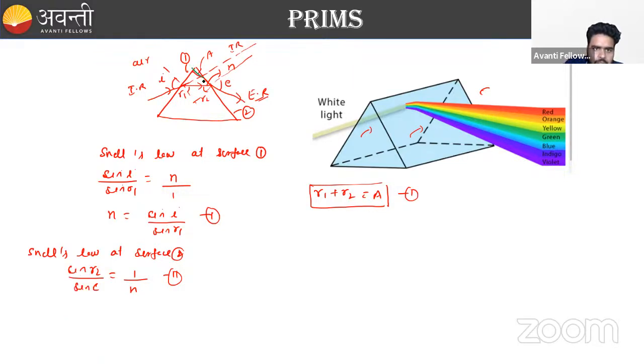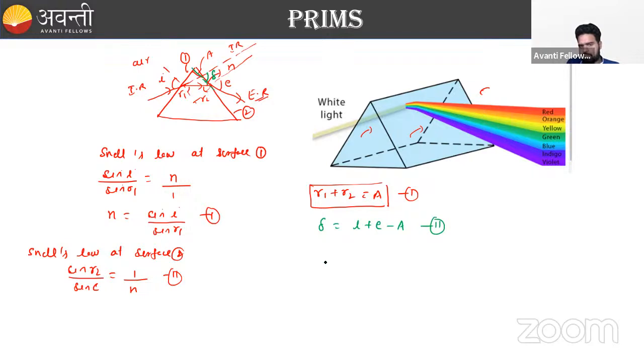This is the angle of deviation. In this case, the angle of deviation is I plus E minus A. This is a very important equation, which we also get after applying some simple geometry. So this is equation number 2 and this is equation number 1.